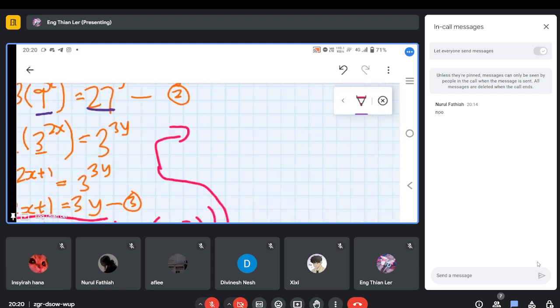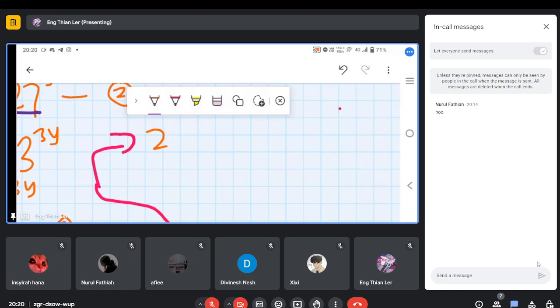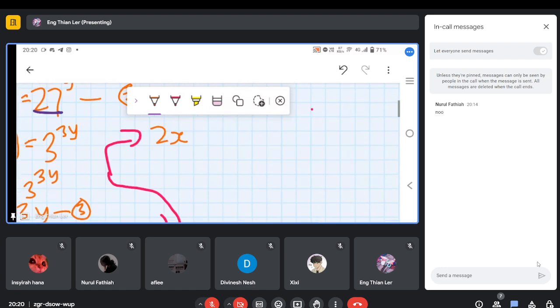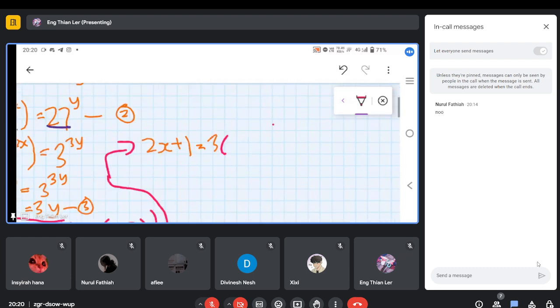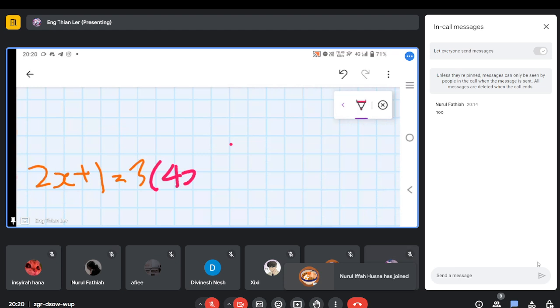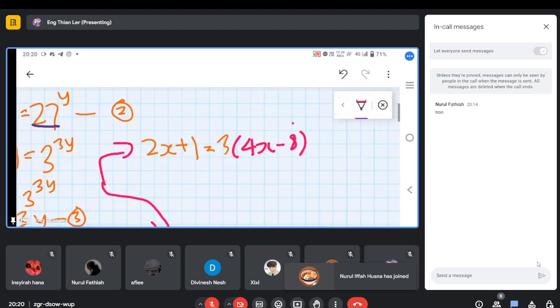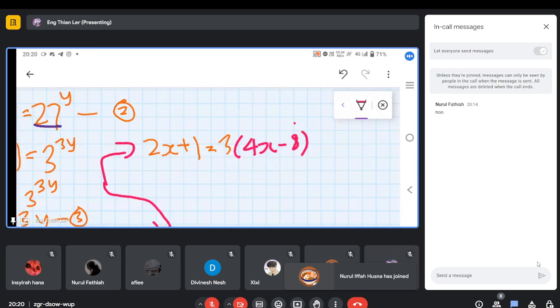So we have 2x plus 1 equal to 3 times y, which is 4x minus 8. Remember, this is a simultaneous equation in two variables, so we must find the x and y.